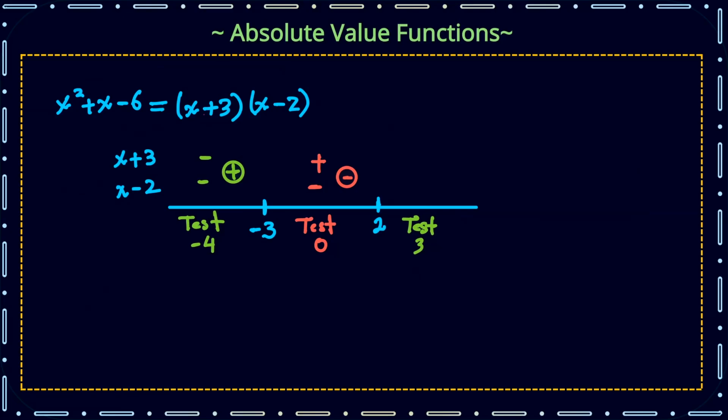You can test 4 or anything again more than 2. 3 plus 3 is a positive number. Here 3 minus 2, that's a positive number as well. We have positive times positive. That means the quadratic expression is positive over the interval 2 to infinity.